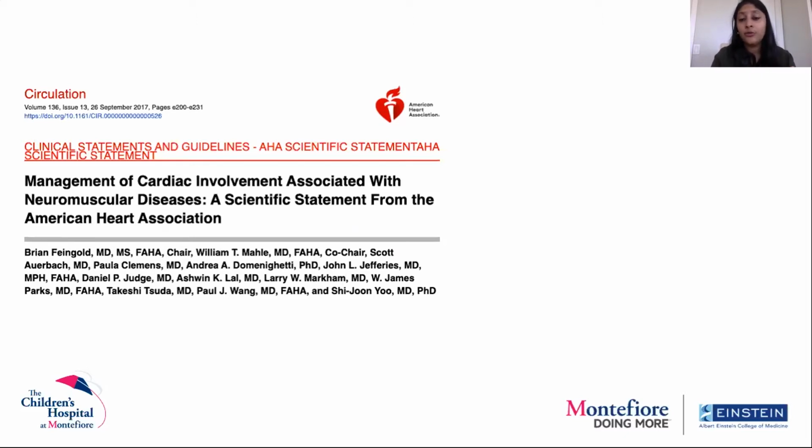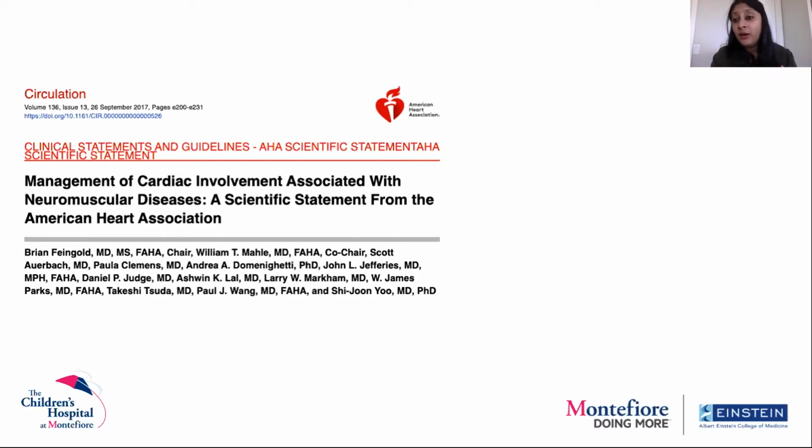This is a group expert consensus. I do want to point that out, that the evidence that exists, or the true research that exists in care of these patients, is very limited. As we all know, neuromuscular disease is a very rare disease. It's a very rare disorder. So to do research that is very robust, that speaks of numbers and volumes, is very low.